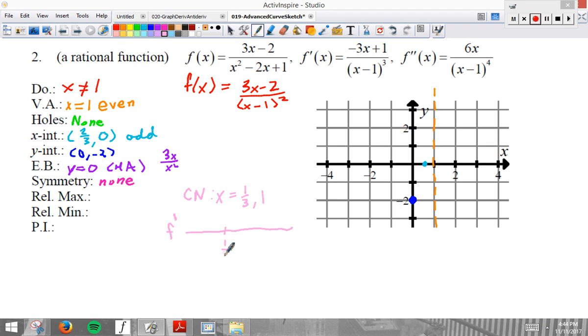I'll put 1/3 here, 1 over here. Because 1 is a place where f is undefined as well, it's not a critical number. It's a domain restriction of f. It's still important to check.